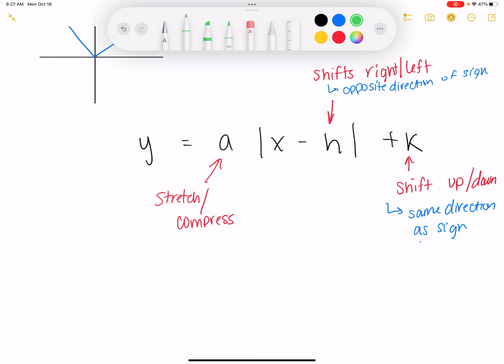As far as the a, just because this can be a little bit confusing, for an absolute value of a greater than 1, it's being stretched. For an absolute value of a less than 1, it's compressed.